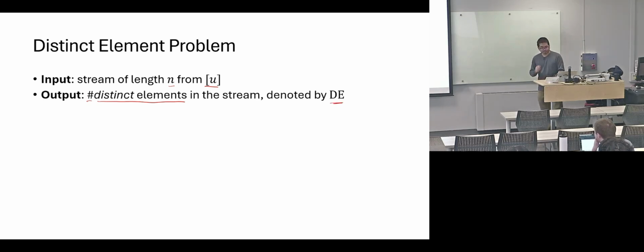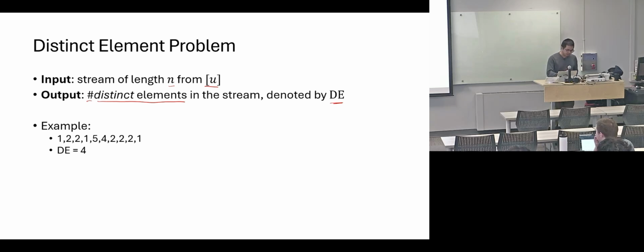The example here: if the stream is 1, 2, 5, 4, then the distinct element count is 4 in this case.